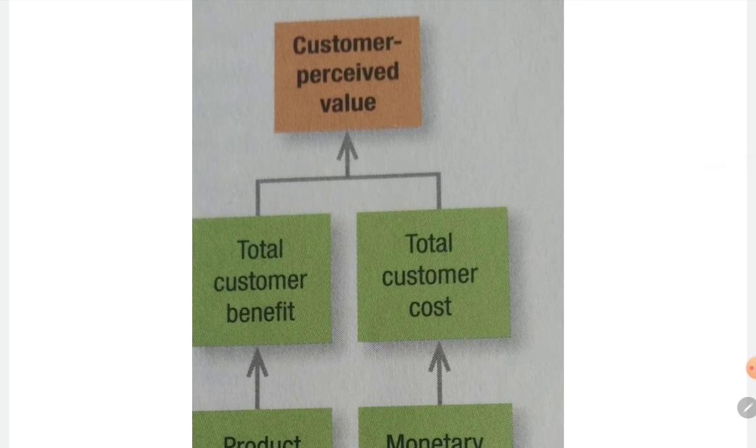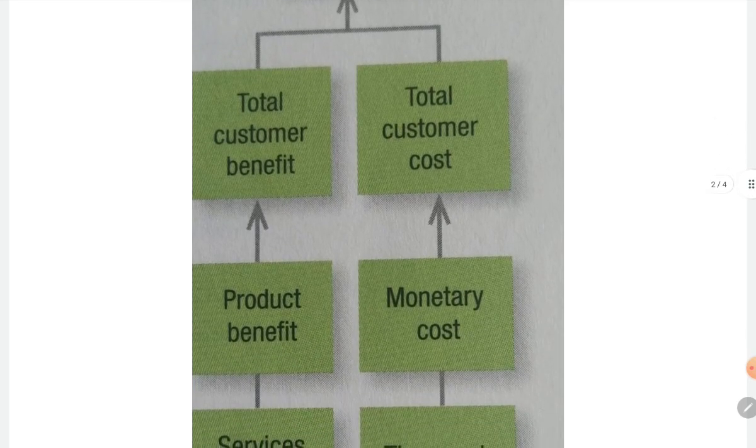So customer perceived value will be dependent on up to what extent customer benefit has been received, and in comparison what kind of money has been spent, either directly, like by paying the price for the product. If it was a 1.5 paise product, that is the cost.